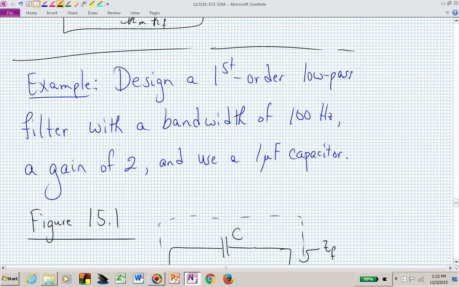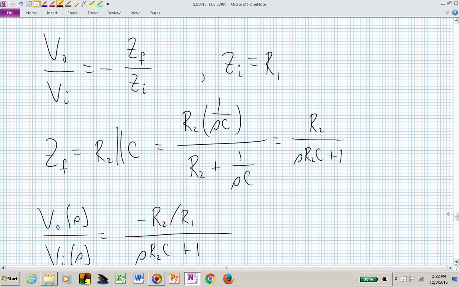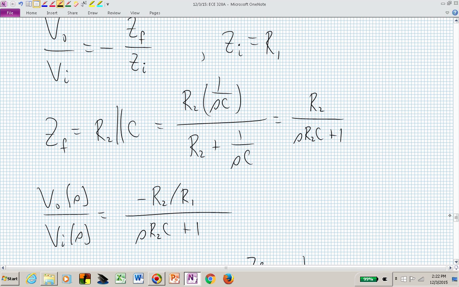So we haven't yet accommodated that gain. And here is our expression for the transfer function of that system, and you can see that the gain can be influenced by both R sub 2 and R sub 1.